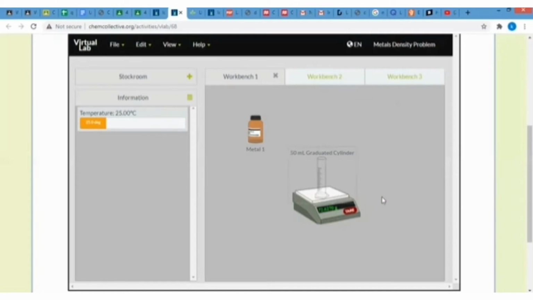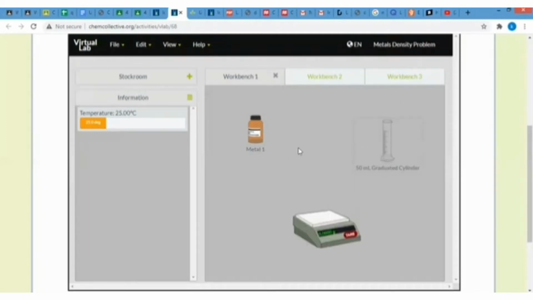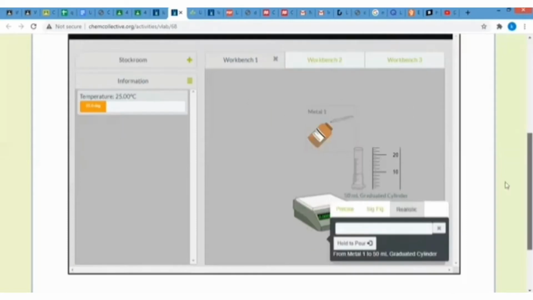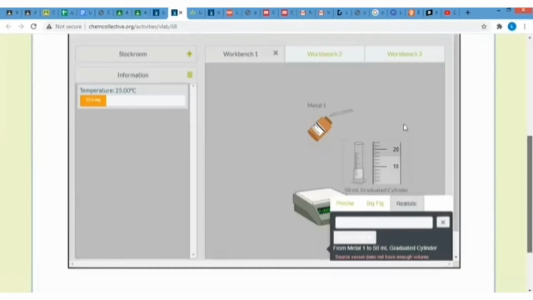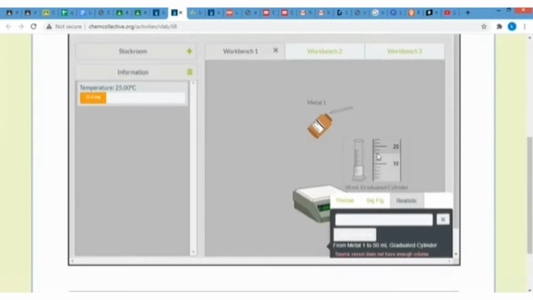Now that we know the mass of the empty graduated cylinder, we will find out the volume of the metal number 1. So metal number 1 is being added to the graduated cylinder in no particular or exact amount.